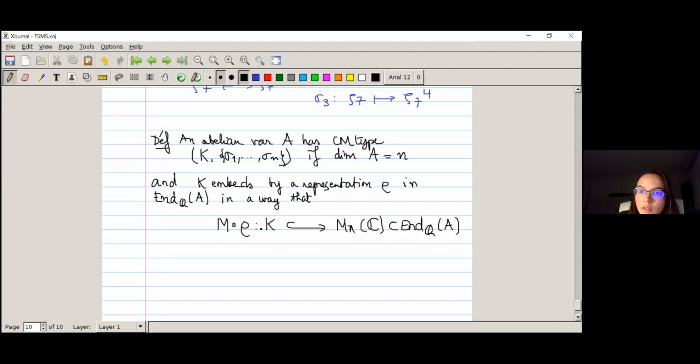And if you do that, you want this realization of K as matrices to be conjugate to the diagonal sigma 1 to sigma n.